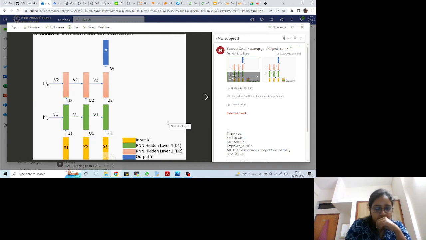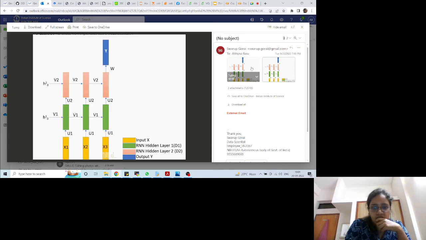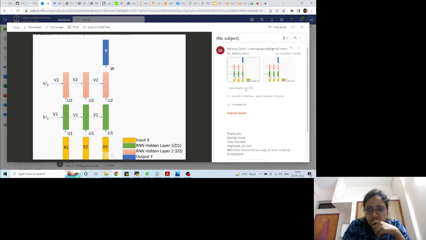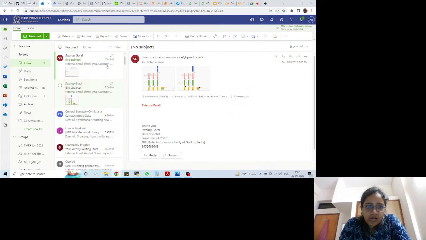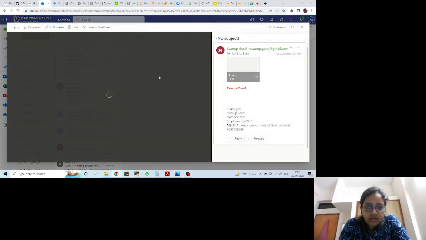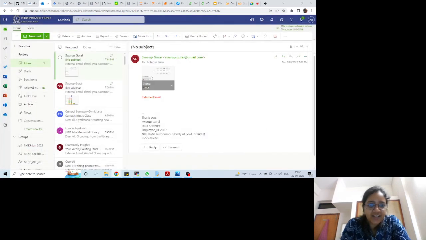This is the figure, and the second part is there. One more figure is there. The question starts from the next. I've sent you three. Here it's saying two attachments. One more I have sent. I'm sending you once more.